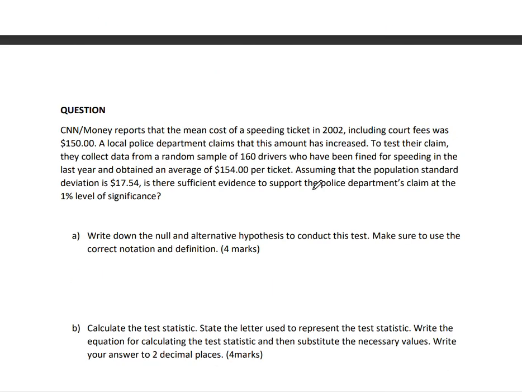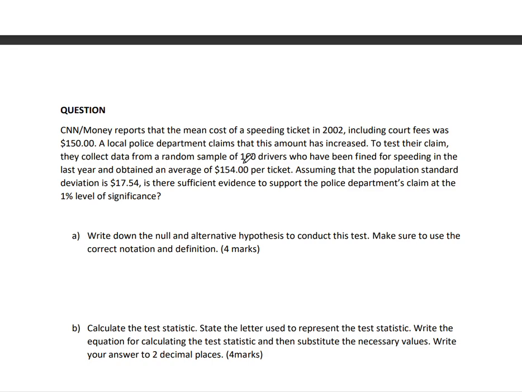Our next question here says, CNN Money reports that the mean cost of a speeding ticket in the year 2002, including court fees, was $150. A local police department claims that this amount has increased.